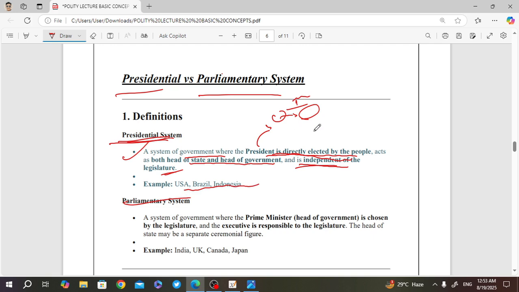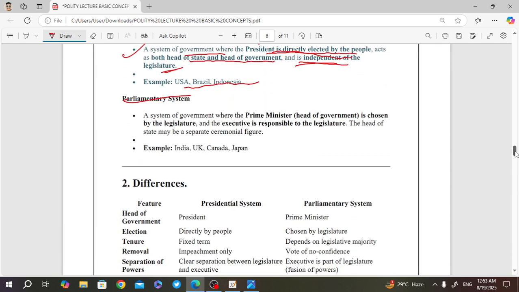But in the case of the parliamentary system, it is a system of government where the prime minister, the head of the government, is chosen by the legislature. That means, in the school example I already gave, they elected a student council, and among the members of the student council there is going to be the leader of the system.